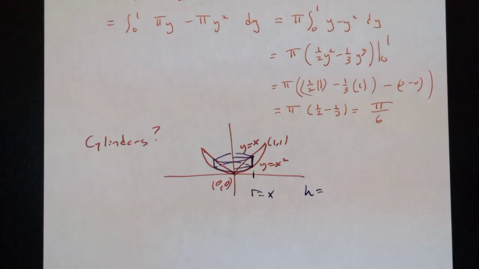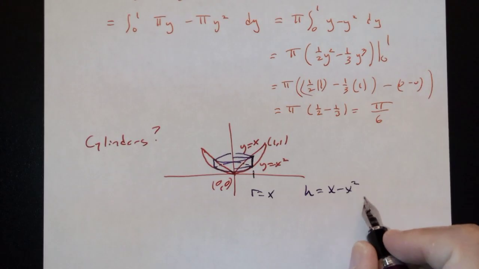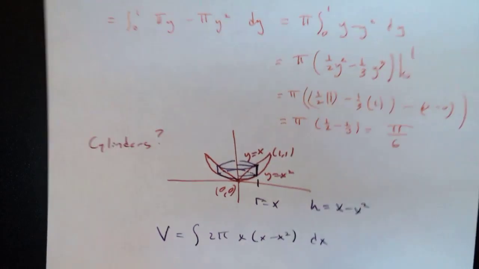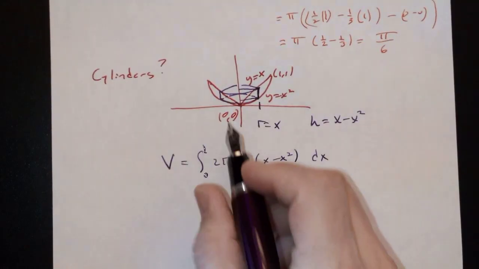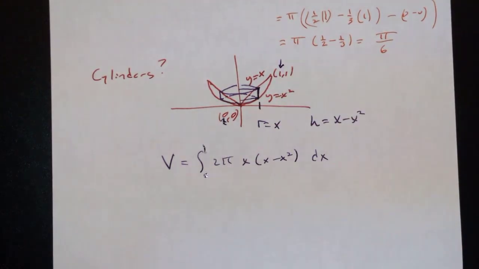Top minus bottom. Just like it was between two curves, because it is between two curves. And the thickness is still dx. So the volume should be the integral of 2 pi x, 2 pi r, height, thickness, from where to where? Still 0 to 1, because those are my x values for the edges.